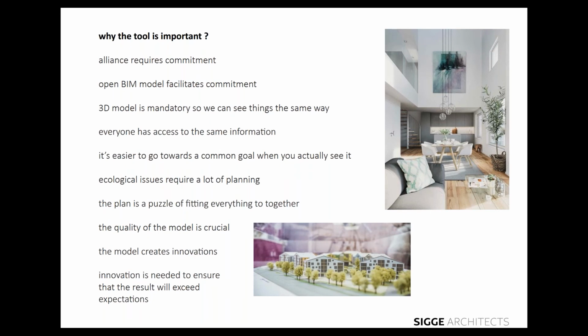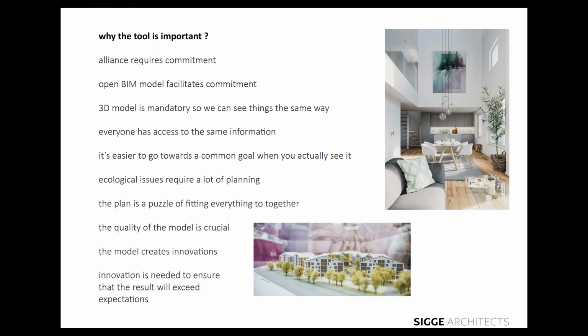So why is the tool important? Alliance requires commitment, and an open BIM model facilitates commitment. With software, we can show our shared model and that way show our best ideas.